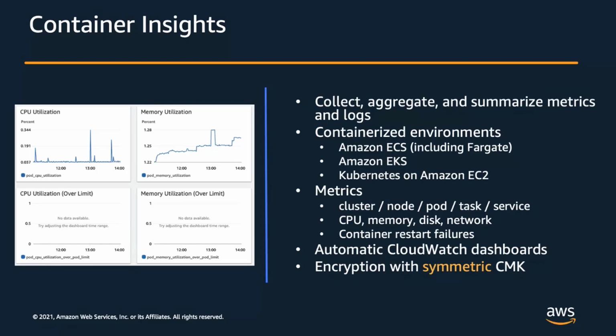The metrics include utilization for resources such as CPU, memory, disk, and network. Container Insights also provides diagnostic information such as container restart failures to help you isolate issues and resolve them quickly. You can also set CloudWatch alarms on metrics that Container Insights collects.